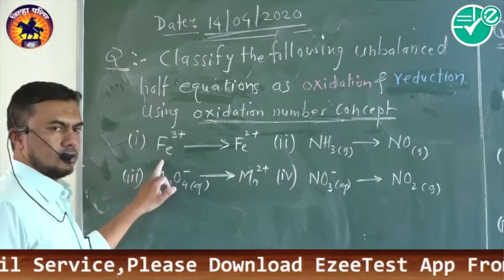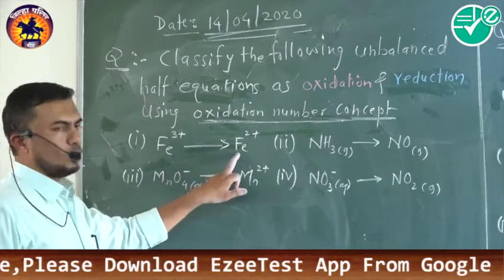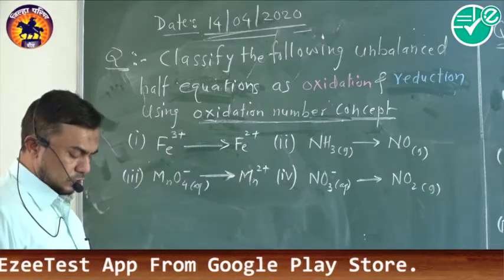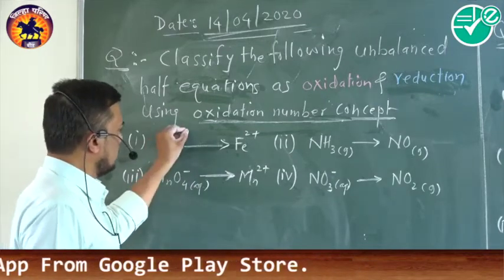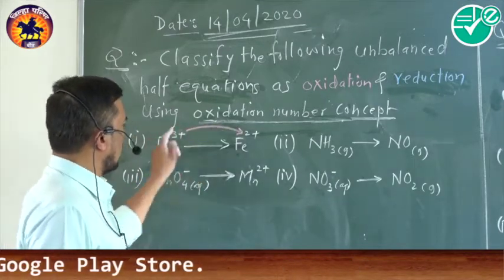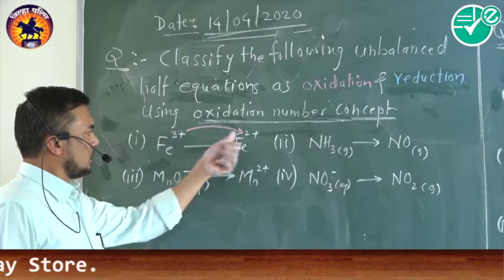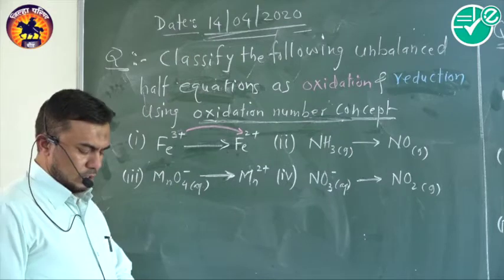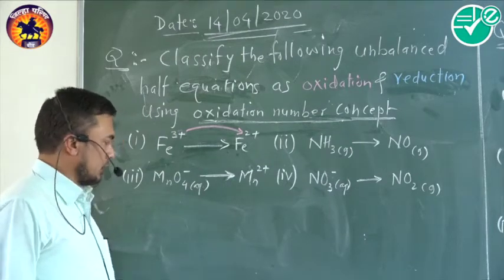Fe3+ ion changes to Fe2+ ion during the process. Look at the oxidation number here: it decreases by 1, from +3 to +2, by gain of 1 electron.